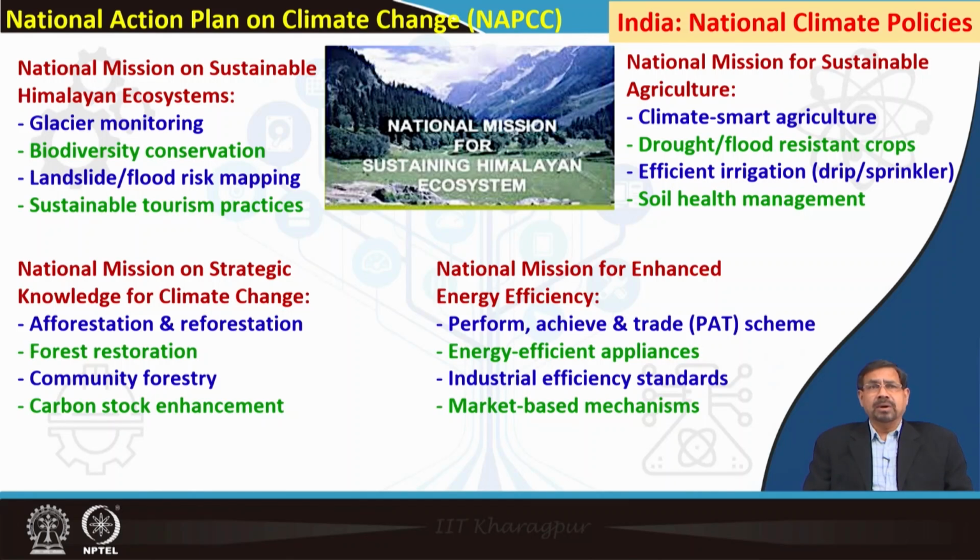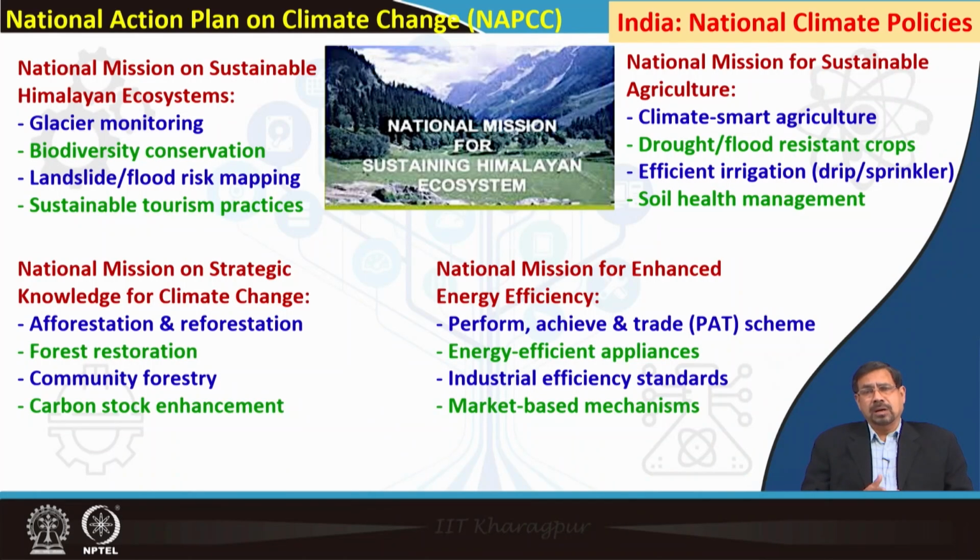Coming to the third one, which is landslide or flood risk mapping. So, as far as the Himalayan terrain is concerned, landslide is becoming a very frequent occurrence, because we are doing a lot of development in the Himalayan mountains or Himalayan terrain.